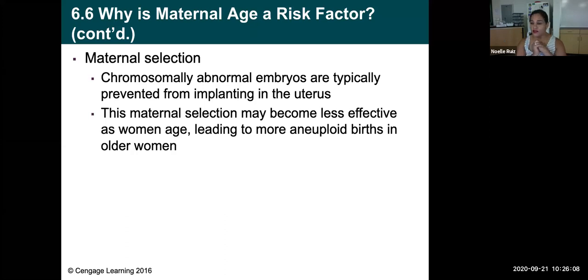Maternal selection. Chromosomally abnormal embryos are typically prevented from implanting in the uterus. So even if it gets fertilized, it doesn't always get implanted. There's so many steps to having a baby and conceiving a baby. Our body usually prevents this for us. And this maternal selection may become less effective as women age, leading to more aneuploid births in older women, more births with extra or missing chromosomes.